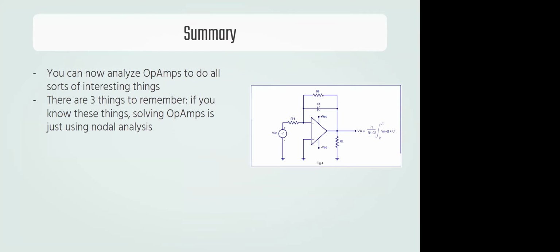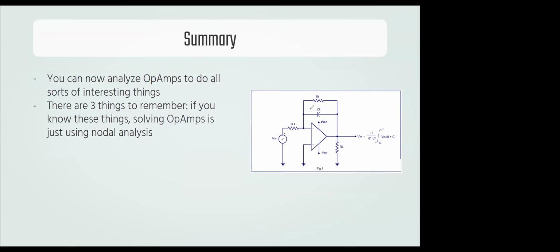So it's a short lecture, but here's a summary of what we've talked about. You can now analyze op-amp circuits that do all sorts of interesting things. For example, this circuit right here is the integrator circuit. If you remember, the capacitor was dictated by our differential equation that I equals C times dV/dt, where V is the voltage across the capacitor.